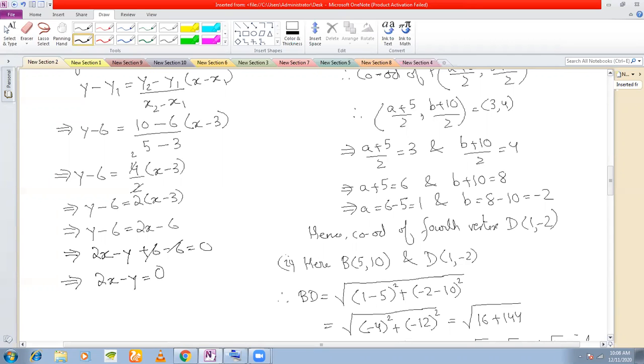Can anyone tell me what kind of an equation is this? What is so special about this equation? 2x minus y is equal to 6. What kind of an equation is this? Yes, tell me. Of course, those of you who are hearing me, those of you who are actually in the class. Otherwise, if you are doing something else, then that is a different thing altogether.